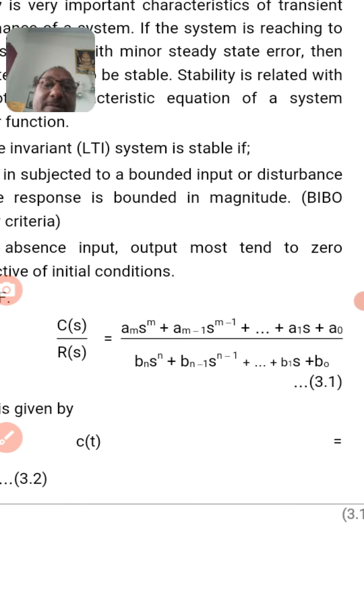There are two parts, one is the numerator and another one is the denominator.